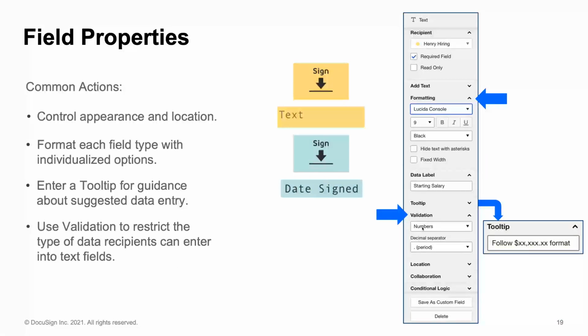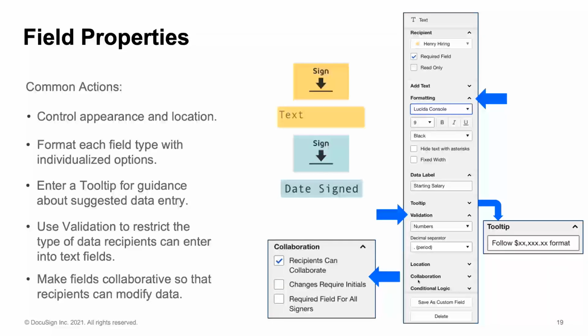So, I mentioned that if you need your recipients to type text in a specific format, you can choose from any of our validation options. So you could require an email address format, a social security number format, a zip code format, so on and so forth. And there's even the option to create your own custom formats if you have something specific.